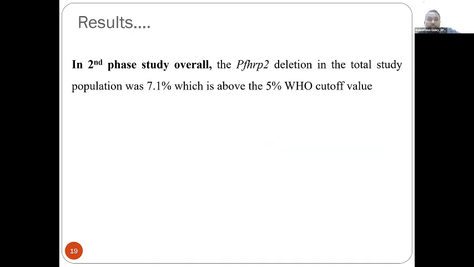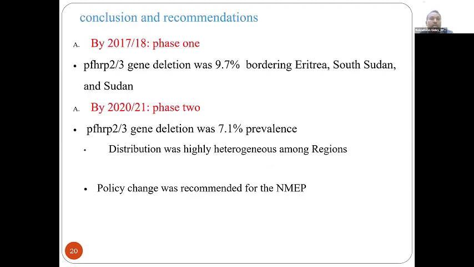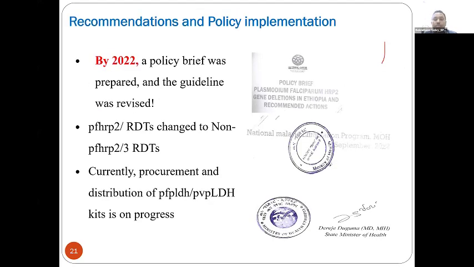In this survey, the population level prevalence of the gene deletion was 7.5%, which is still above the WHO threshold. So by these two studies, we recommended policy changes to the Ministry of Health. By 2022, a policy brief was prepared and the guideline was revised.